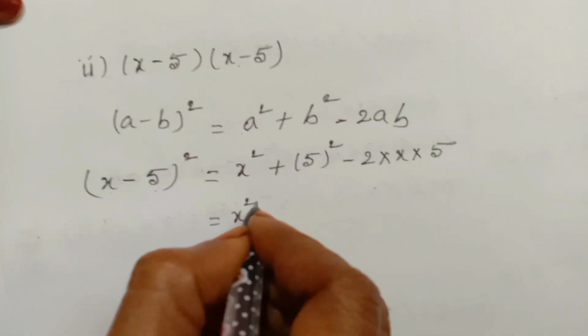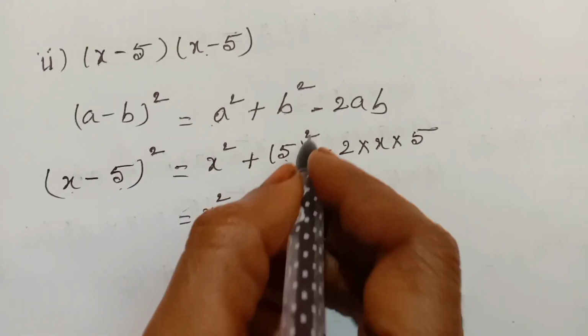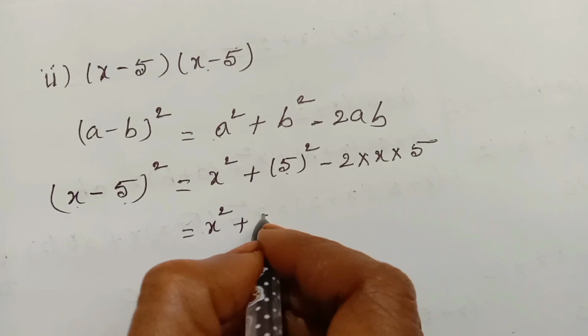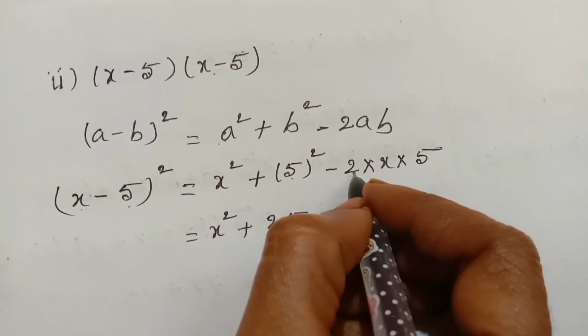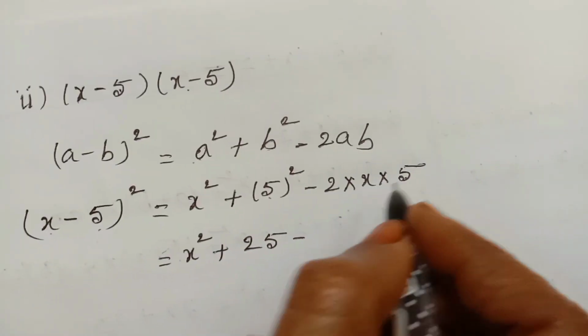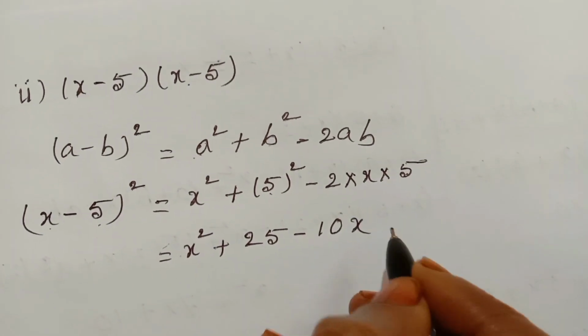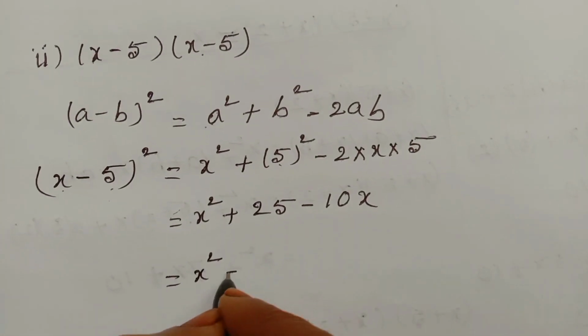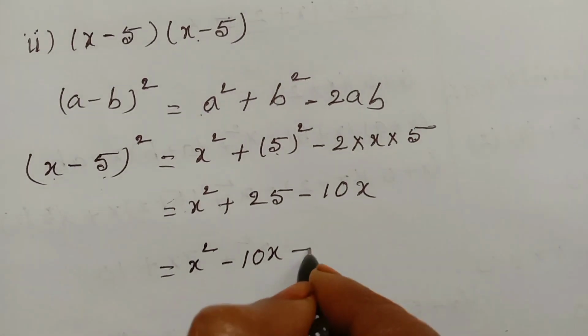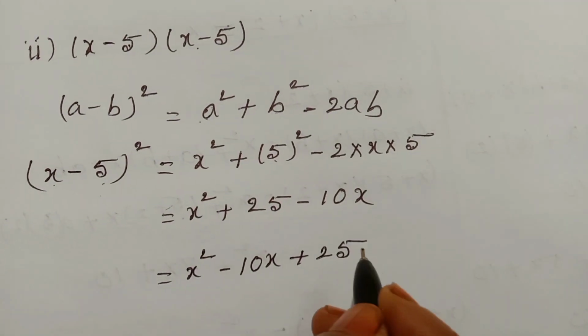That is x square, 5 square means 5 into 5, 25, minus 2 into 5, 10x. That is equal to x square minus 10x plus 25.